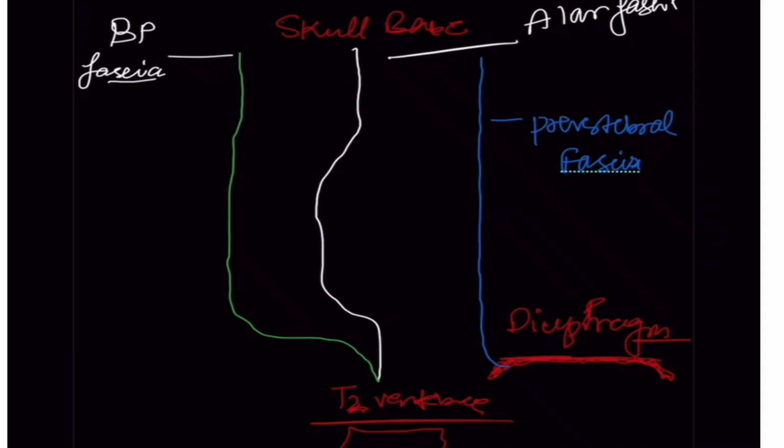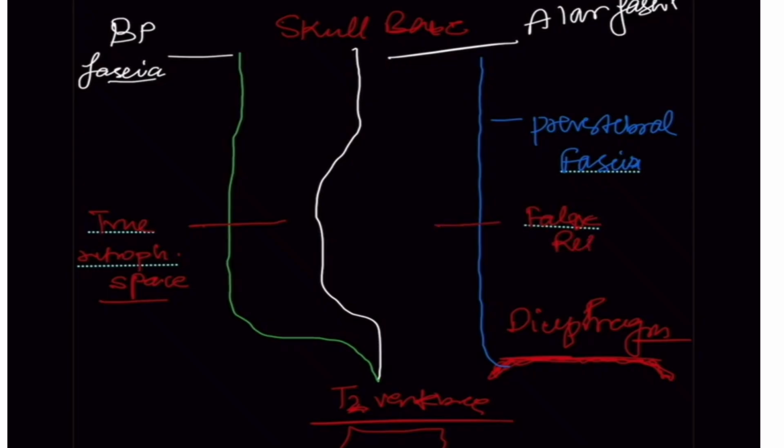So alar fascia divides the retropharyngeal space into two parts. The anterior compartment, between the buccopharyngeal fascia and alar fascia, is the true retropharyngeal space, and the space between the alar fascia and prevertebral fascia is the posterior compartment of retropharyngeal space.